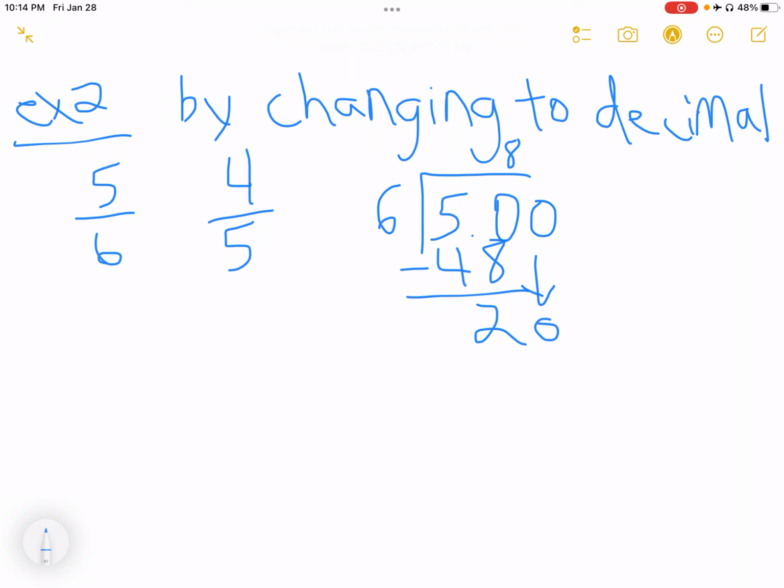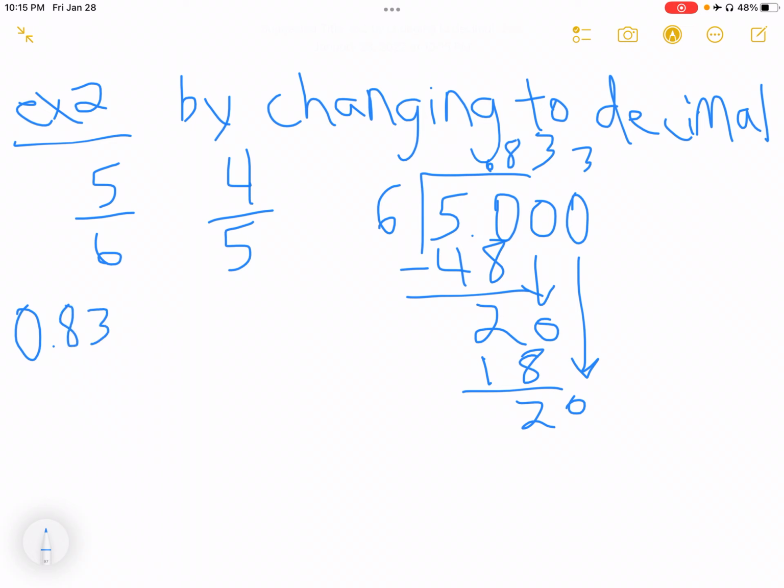We have 3. Oh, we forgot to put our decimal point up here, right? So it's 0.83. And then we had 18 again. We have 2. We'll bring the 0 down again. And we just have our 3 repeating, right? So for this first side, we have 0.83, and this top thing here means it's repeating.